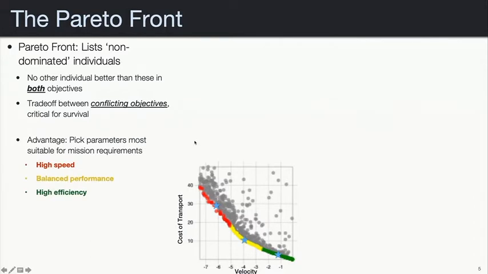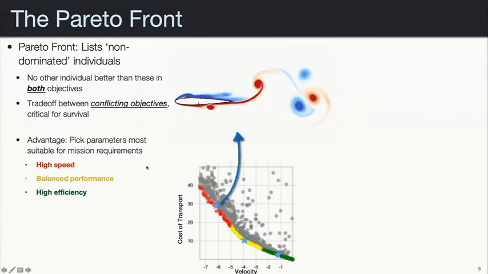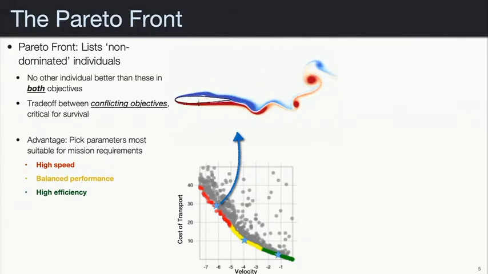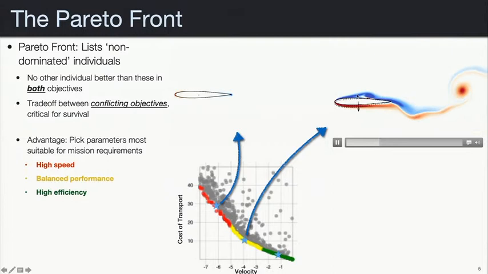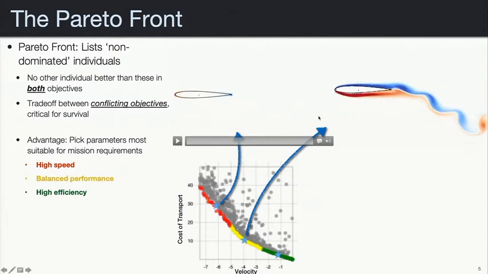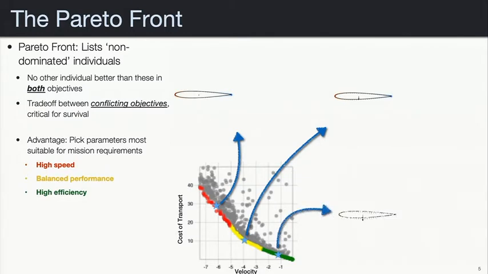A fast airfoil would heave with a certain amplitude and frequency, and the intermediate one would have a different behavior. The arrows are again the flow-induced forces. And then we have the very efficient one down there, which seems to be very slow, but it's very cost-effective. And it makes sense: the faster you go, the less energy efficient you become.